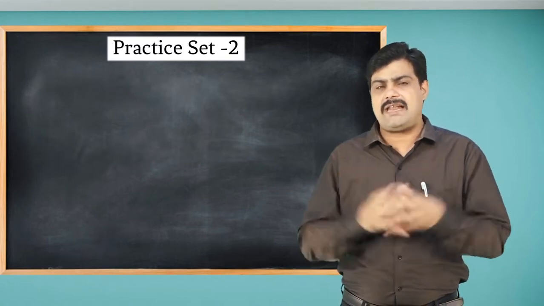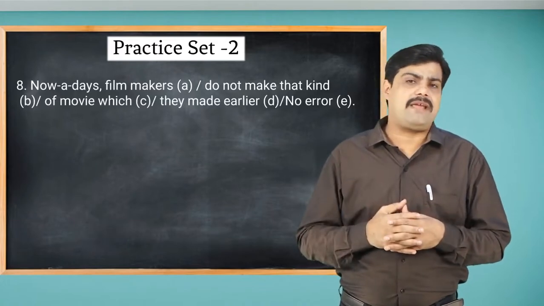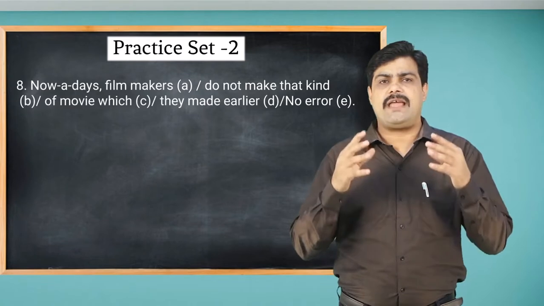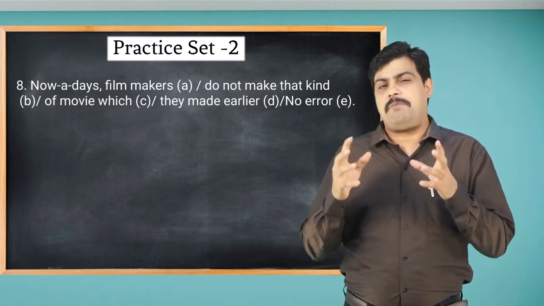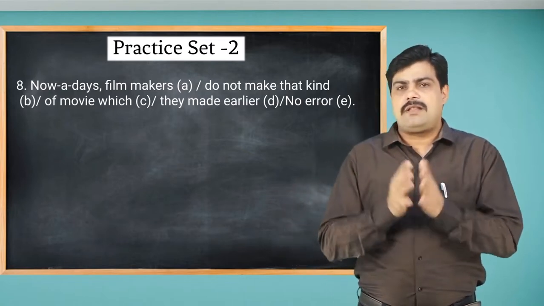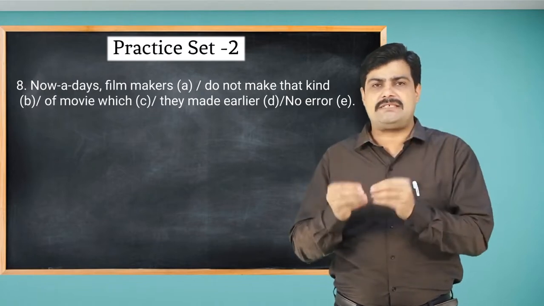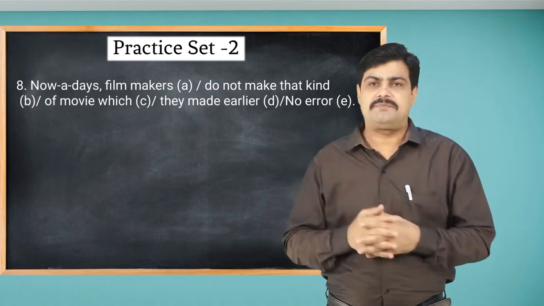Now let's take another sentence. Nowadays, filmmakers do not make that kind of movie which they made earlier. Okay, part B of this sentence is wrong. Because you already know that there are some words like nowadays, these days, etc., which are used in present continuous tense.